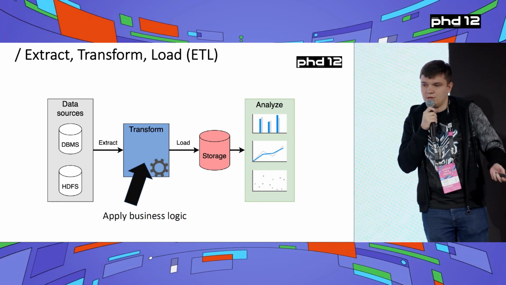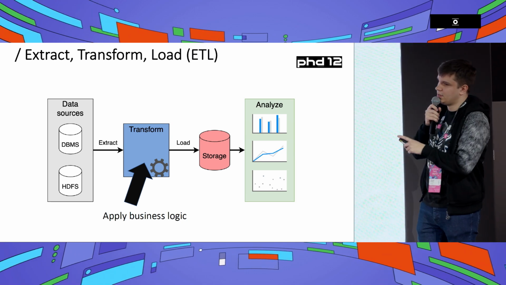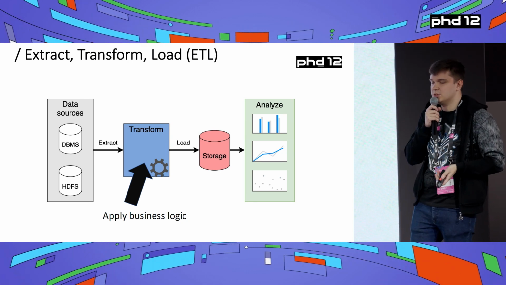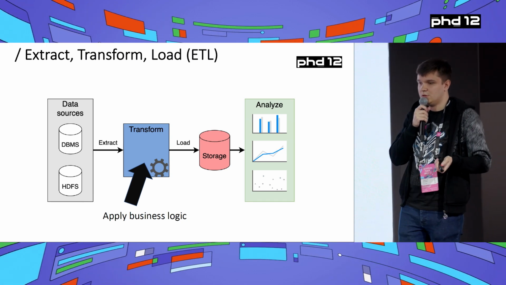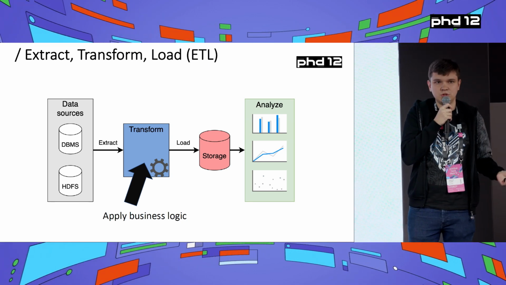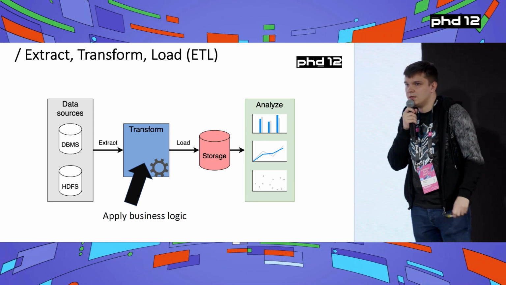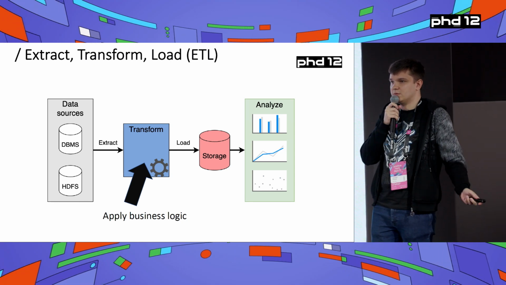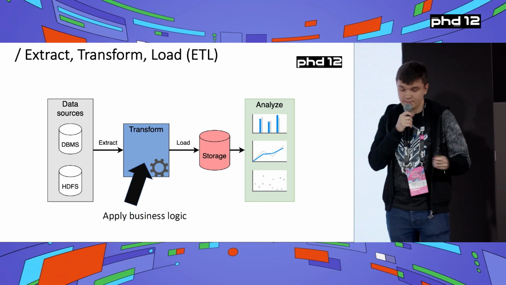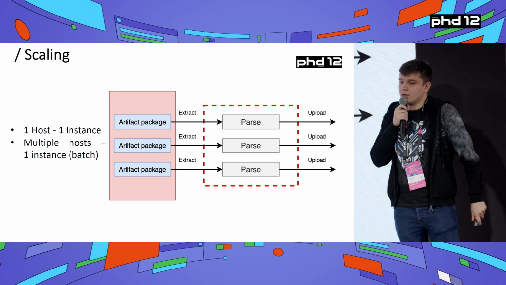You have some business logic behind this. And then you load all this to a storage. Then the data will be good for further processing and analyzing in some third-party systems.